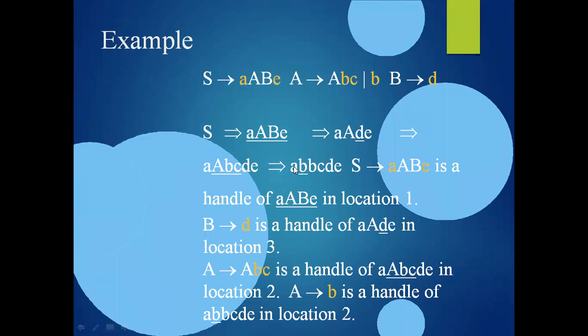In location 1, at A, we do not have any direct production to reduce to get an S. So go for location 2, B. B has the rule A tends to B, so replace that with capital A, B, C. Again in location 2, A, B, C has a rule for A, so A, B, C is replaced by the variable A. Now it is small a, capital A, D, E.